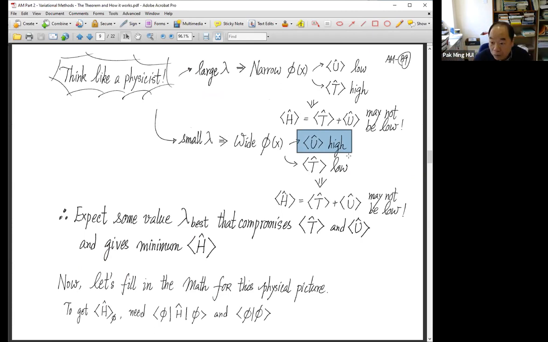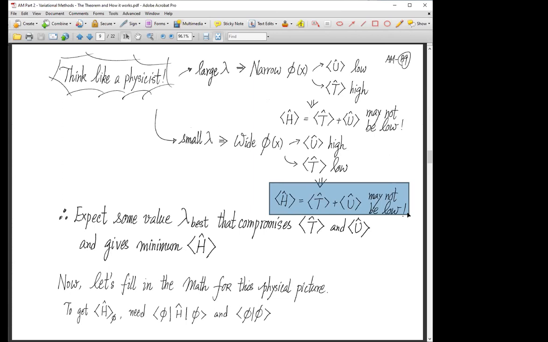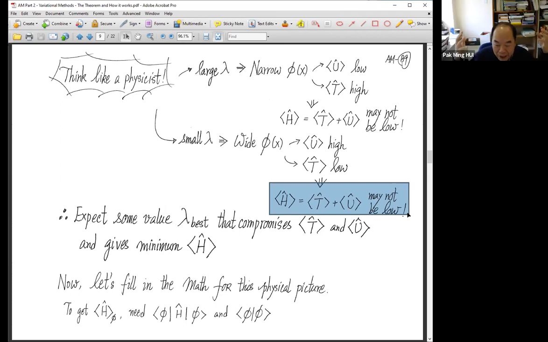The kinetic energy will be lower. Nonetheless, the sum may not be the lowest. With this understanding, there must be some intermediate optimum with the total energy, the two terms compromise to give you a minimum expectation value. Okay, do you follow me like a physicist?